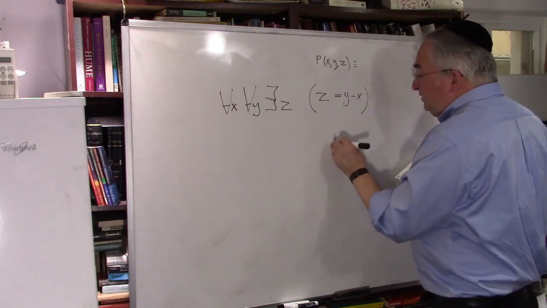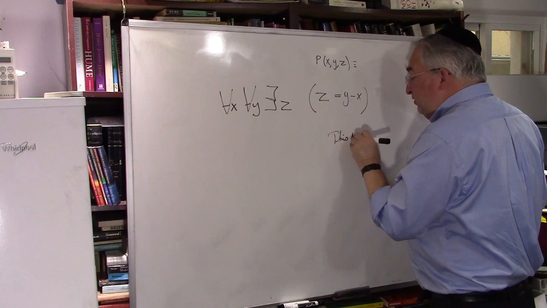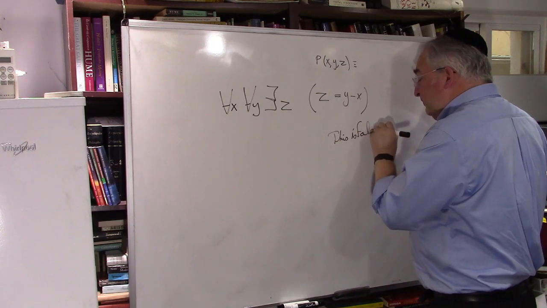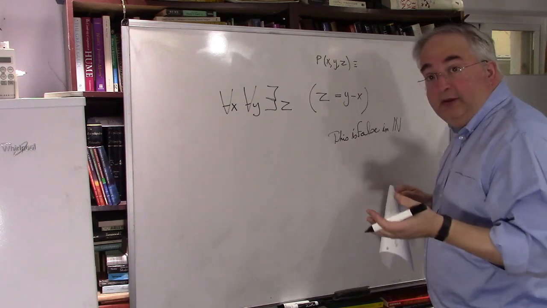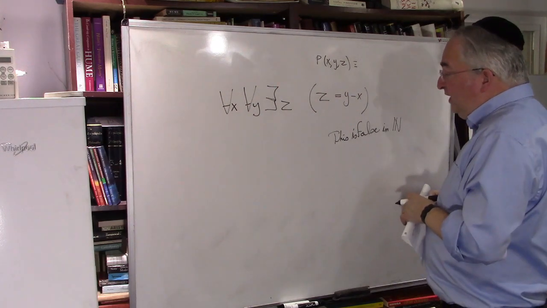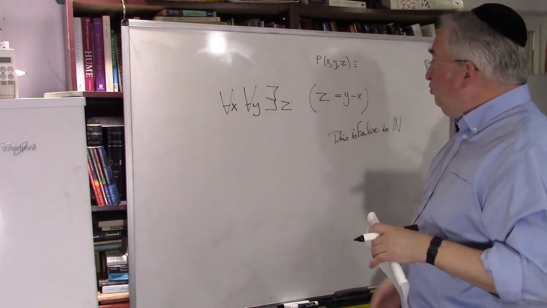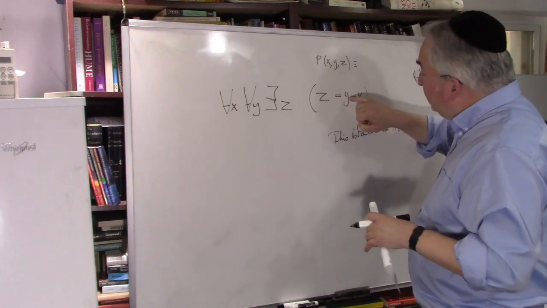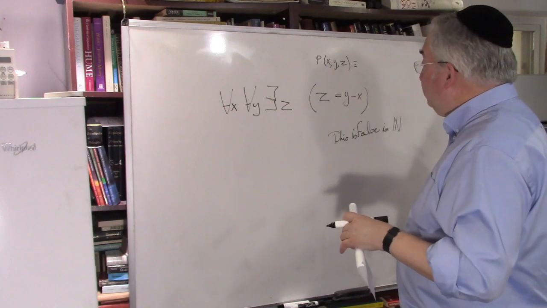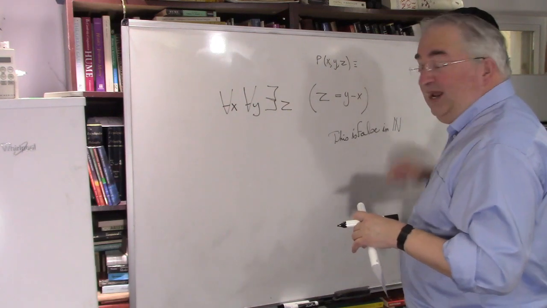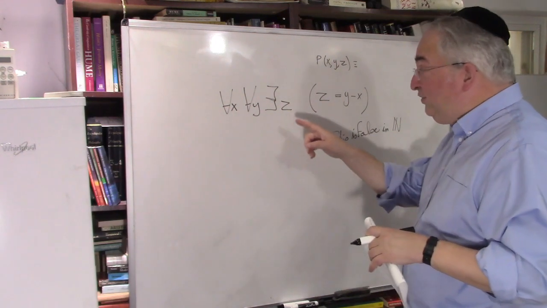This is false in the natural numbers. Why? Because in the natural numbers, yes, 7 minus 5 is equal to 2, but what about 5 minus 8? That's negative 3.